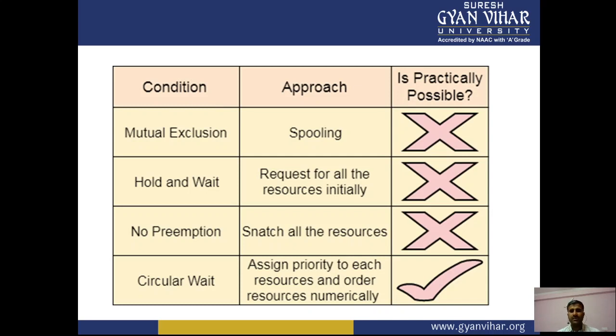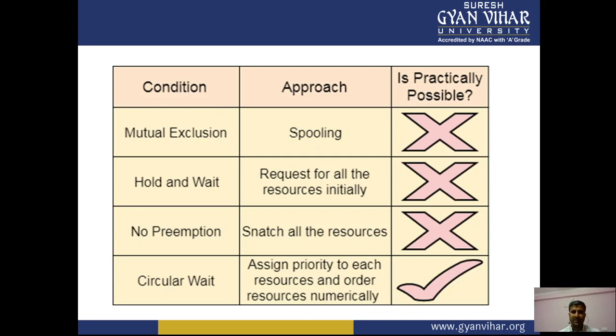Hold and wait: request all the resources initially. So we can request all the resources initially and then execute. But if we implement this hold and wait from a practical point of view, then it is also not possible to request everything at the same time. No preemption: snatch all the resources.